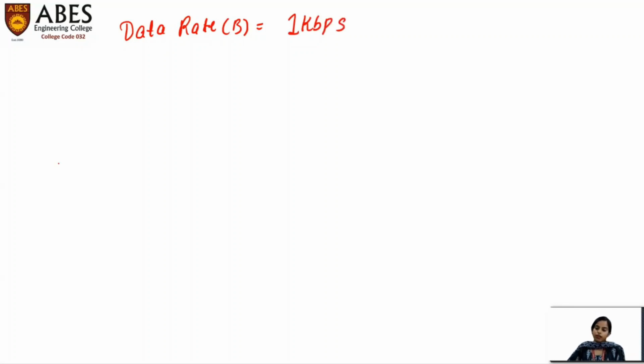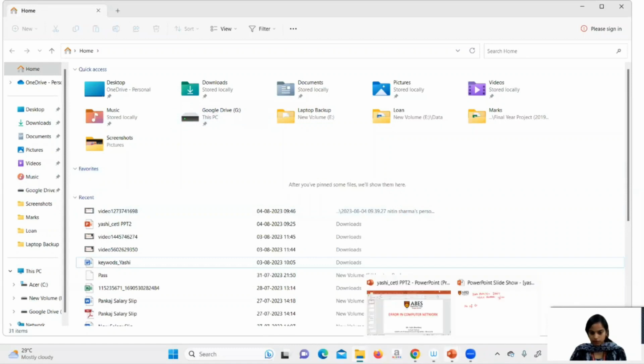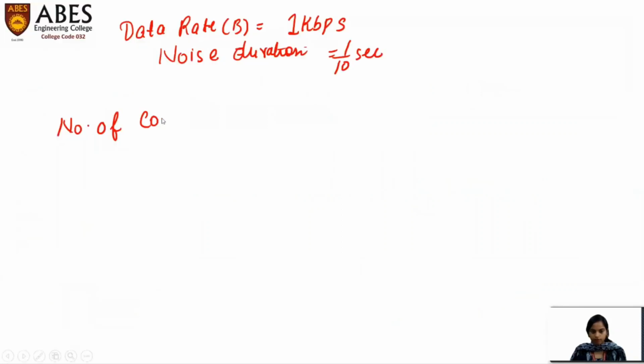While transferring the data, suppose noise has occurred. Let's suppose the noise duration is 1 upon 10 seconds. This is the noise duration. What we have to find out is the number of corrupted bits.